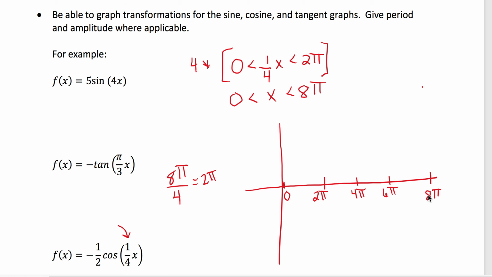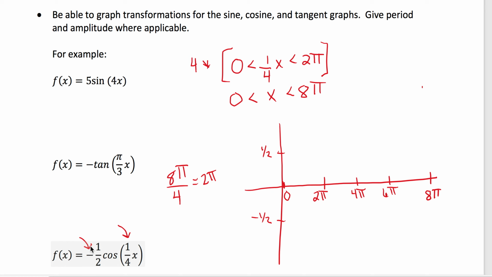All right, so on my amplitude has shifted, compressed to a 1/2. So no longer do I go up to 1, but my highest point is going to be 1/2, and my lowest point is going to be -1/2. All right, I also see a negative sitting in front, which tells me the graph is going to flip.